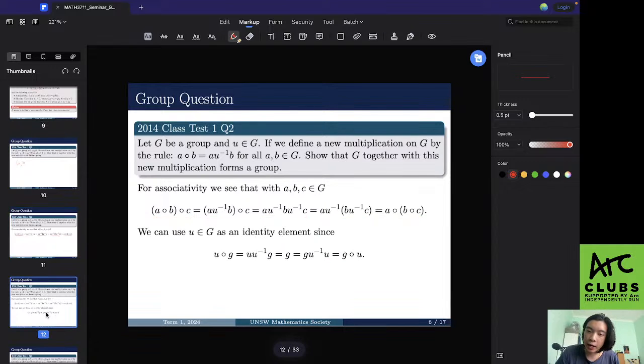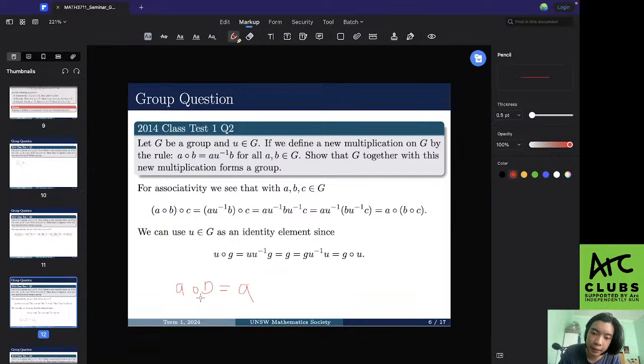The next is that we have an element U, right? So U is our identity in this case, and the reason is because U dot G is going to be equal to G, and G dot U is going to be equal to G. And so where did we actually come up with our element from? Well, the way you might be able to think about it is we want A circle B to be equal to maybe A, right?